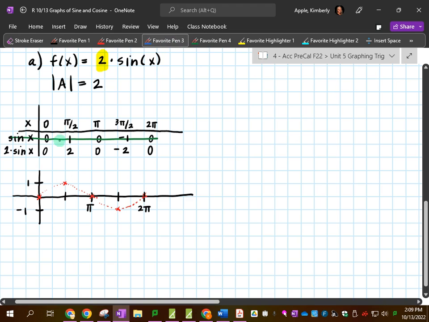Now in blue, I'm going to graph the new values. So 0 is still 0. Pi over 2 now goes all the way up to 2. At pi, we're still at 0. At 3 pi over 2, we're now all the way down at -2, and then we're still at 0 here. And so this is the transformed graph. Notice it's just been stretched by a factor of 2 vertically.